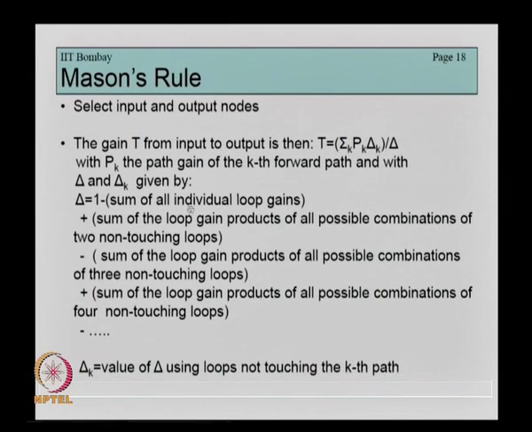That is, if there are three loops, then the gain of loop 1 plus the gain of loop 2 plus the gain of loop 3. Now this term under this bracket refers to the sum of the loop gain products of all possible combinations of two non-touching loops.